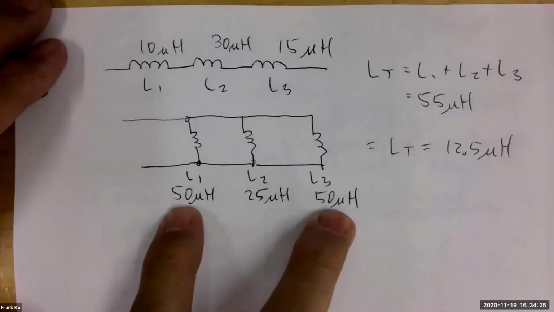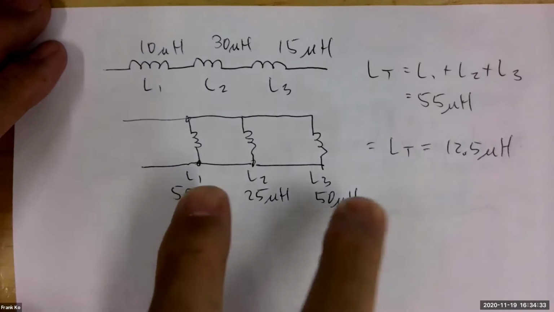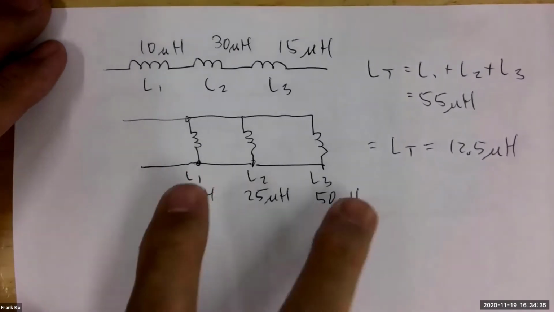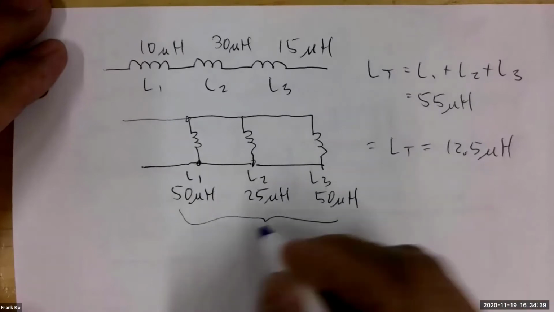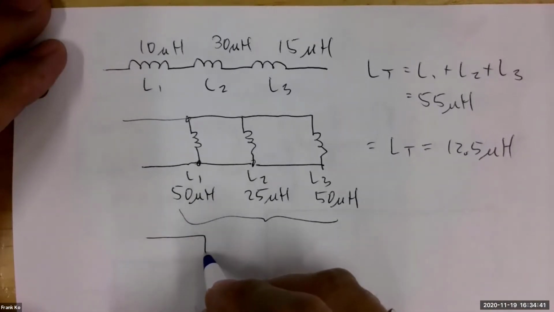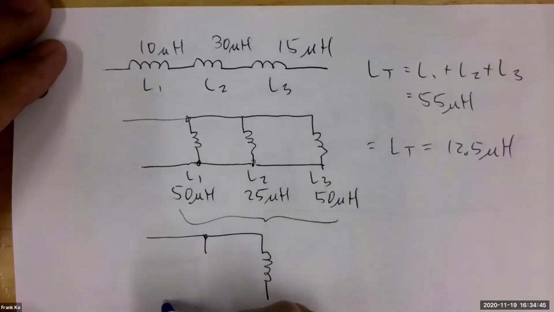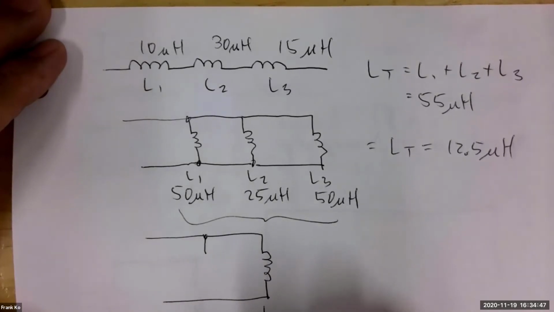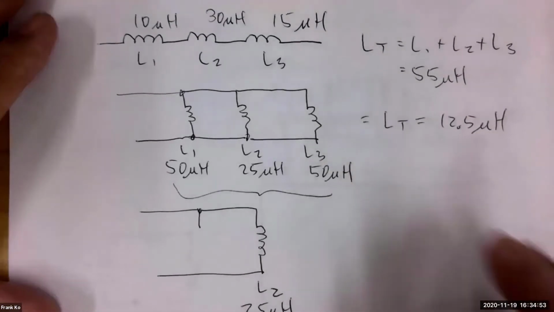Do I have a pair of devices that are in parallel? Are they of the same value? Remember what we did when they were resistors. If I have a pair in parallel and they are of the same value, I can combine them into a singular equivalent. So this would look like this. I would still have an L2 at 25 microhenries.